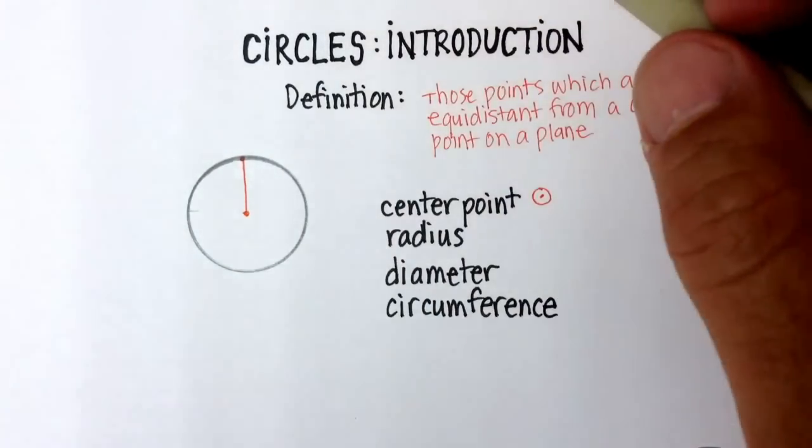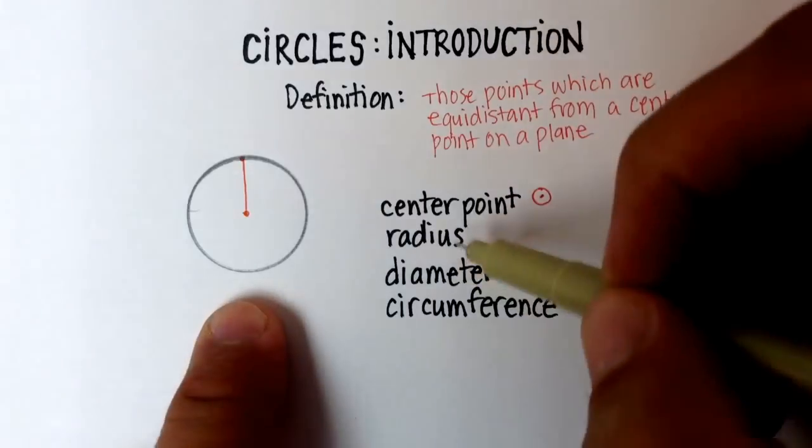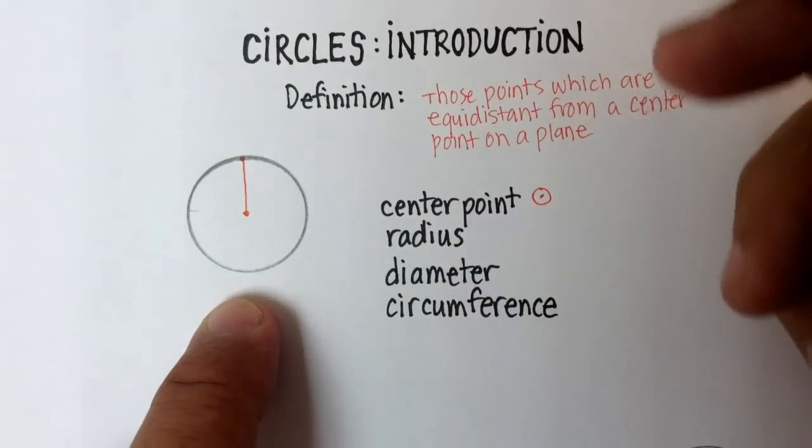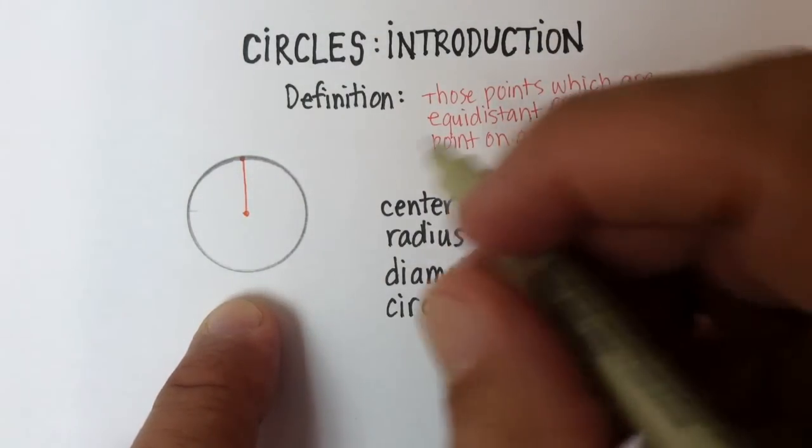Now in our description, we've actually described a couple of the other things that we need to talk about. One of those is a radius.